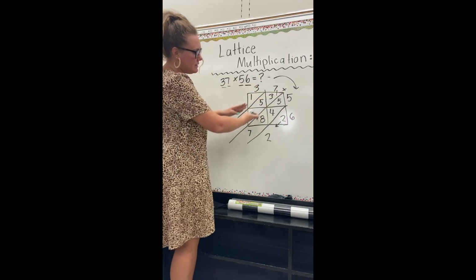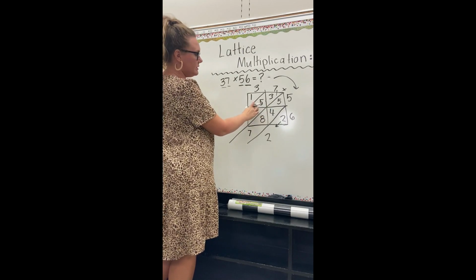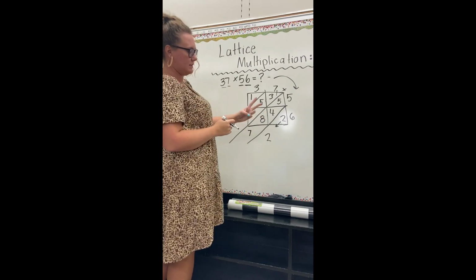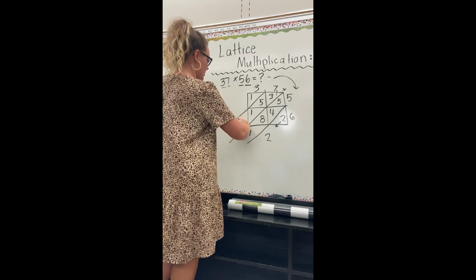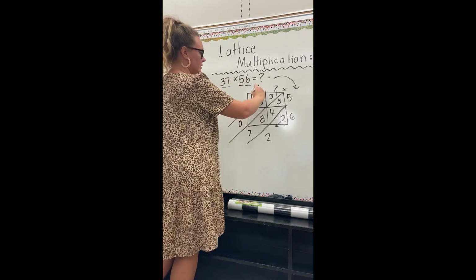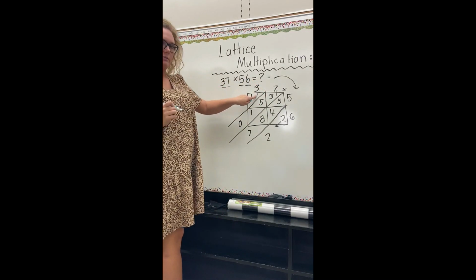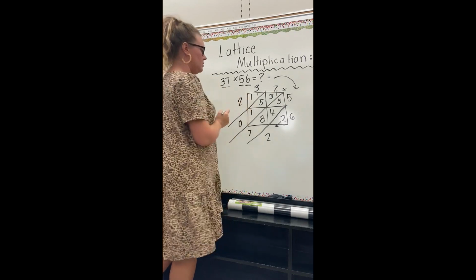So now I'm going to add this diagonal. 1 plus 3 is 4, plus 5 more, 4, 5, 6, 7, 8, 9, plus 1 more is 10. So I'm going to put my 0 there, and I'm going to carry my 1 to the next column. Now I have 1 plus 1, and that will give me 2.